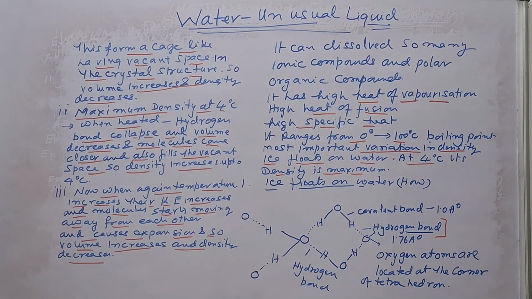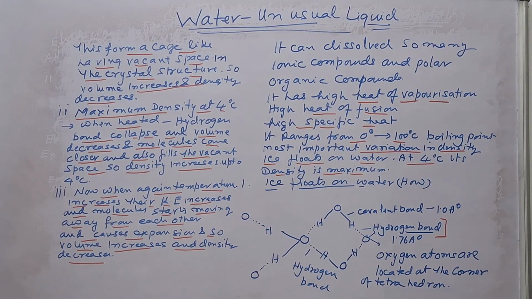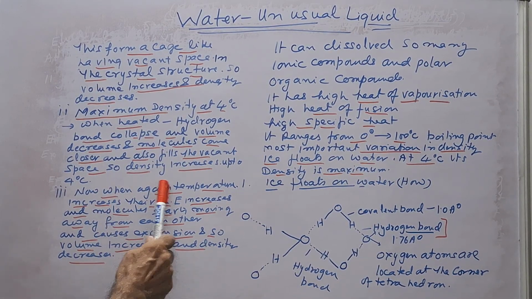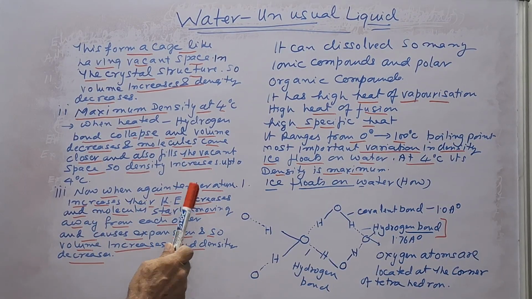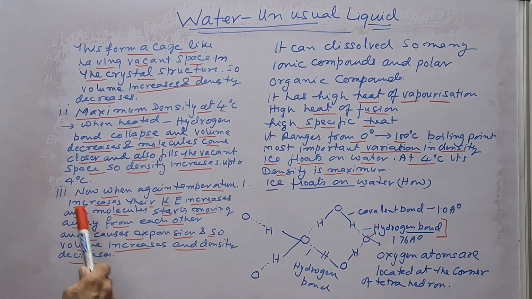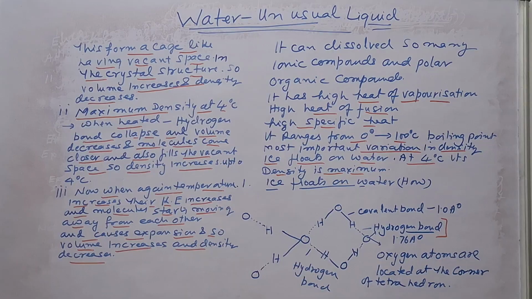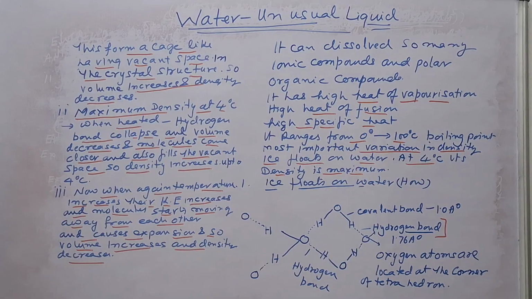Now again, it is very important what happens when it is heated more than 4 degrees centigrade. When temperature is increased again, the kinetic energy increases and molecules start moving away from each other.